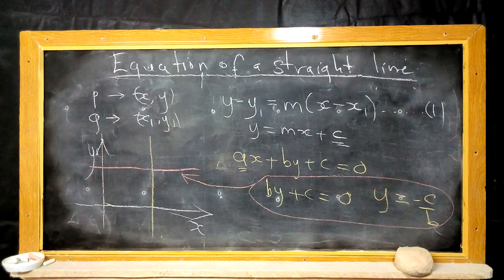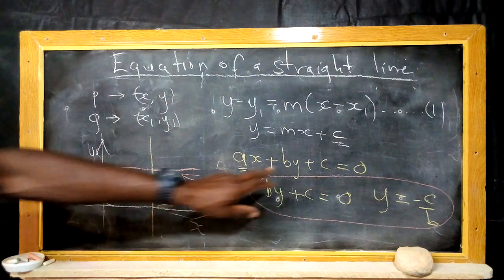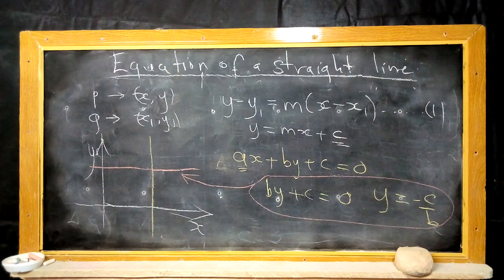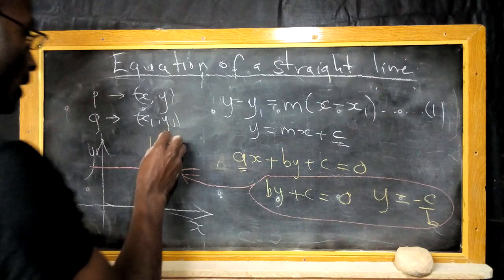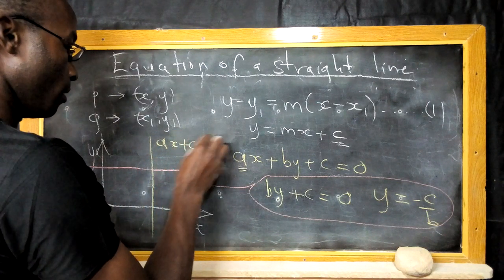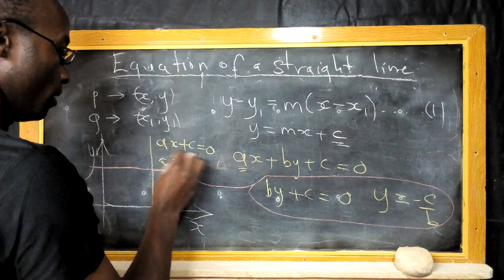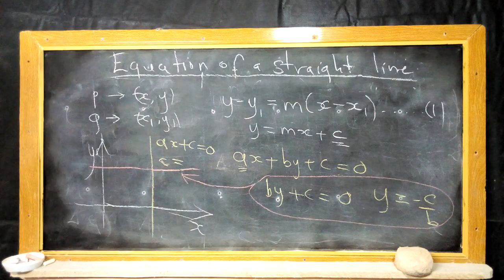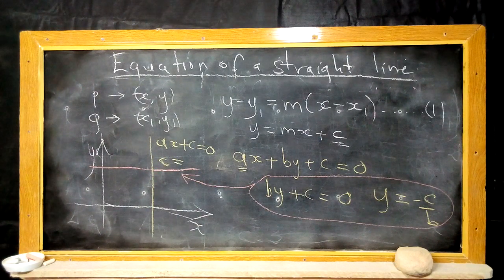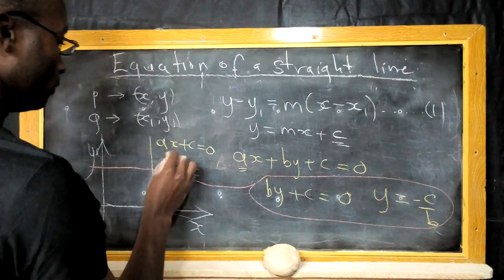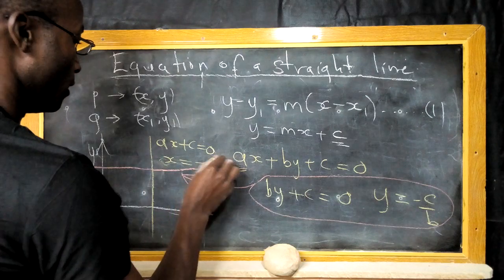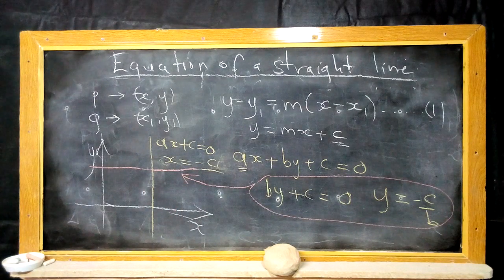So in that case, the one that I've indicated will be given by that. Additionally, suppose b is 0, then the equation for that particular line will be given as ax plus c equals 0, whereby the x-intercept will be equivalent to negative c over a.